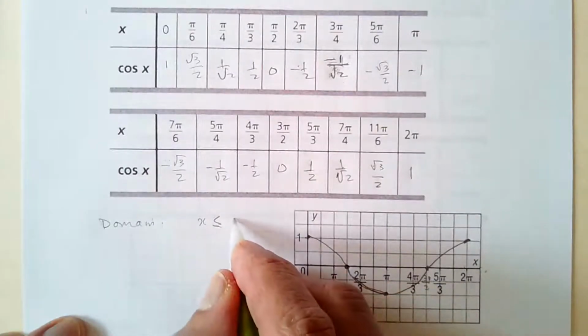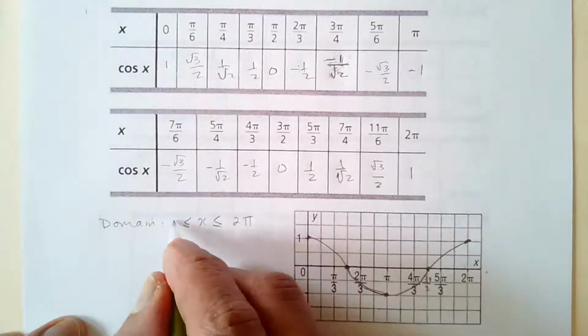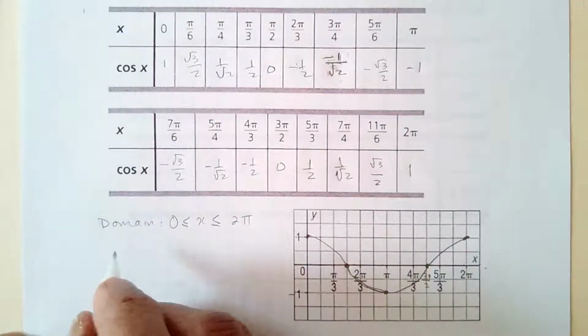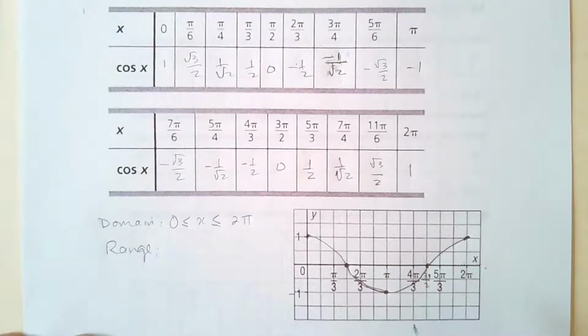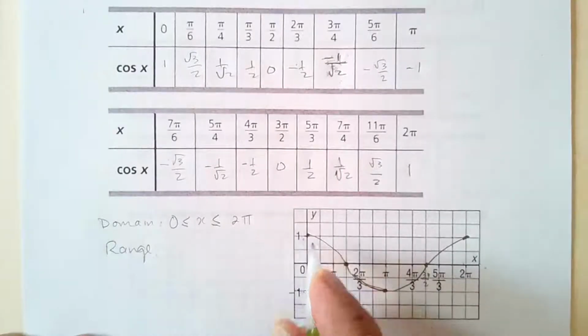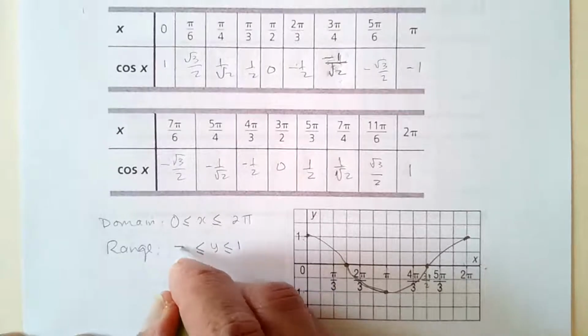So we've restricted it to 2 pi. But you realize this could go on to infinity. We're restricted. The range is from negative 1, which is our minimum value, to the maximum, 1. So y is between 1 and negative 1.